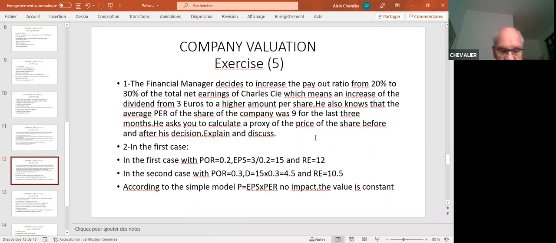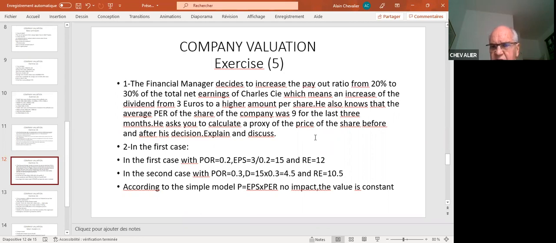So that means that there's an impact also on the debt equity ratio. Financial debt is constant here, and the total equity, of course, is moving, but it's moving up slowly in the first case with 20% payout ratio, and more quickly in the second case with just the contrary.